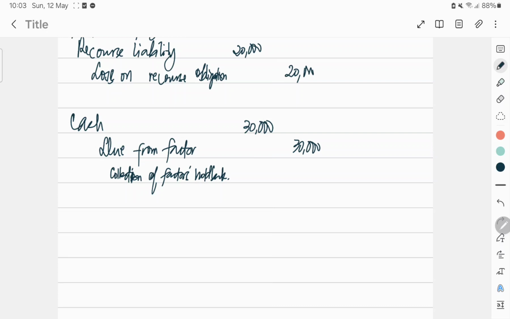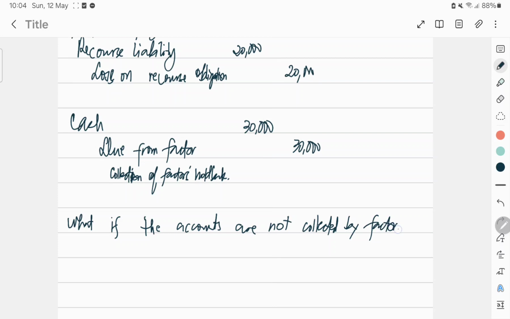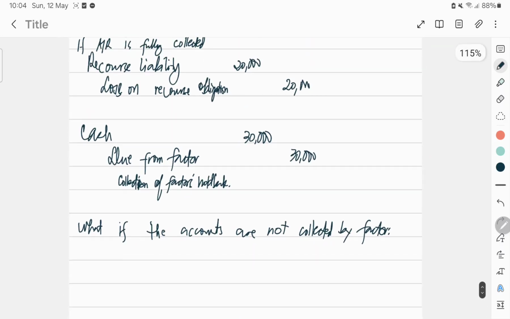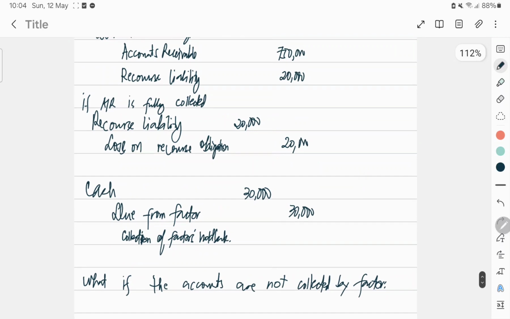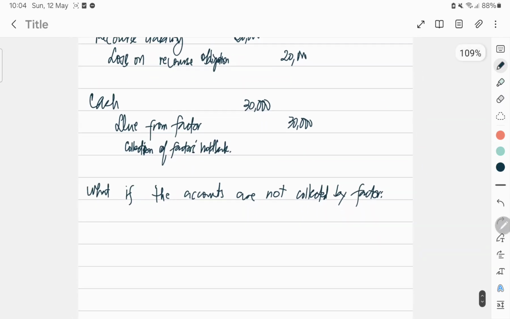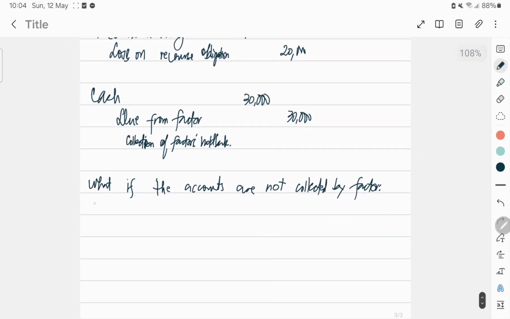Okay. So, paano naman kung what if the customer or the accounts are not collected by the factor. So, ano yung entry natin? Okay. So, instead na mag-credit tayo ng loss on recourse obligation, sige na nga, cash na talaga yan kasi tayo ang magbabayad.